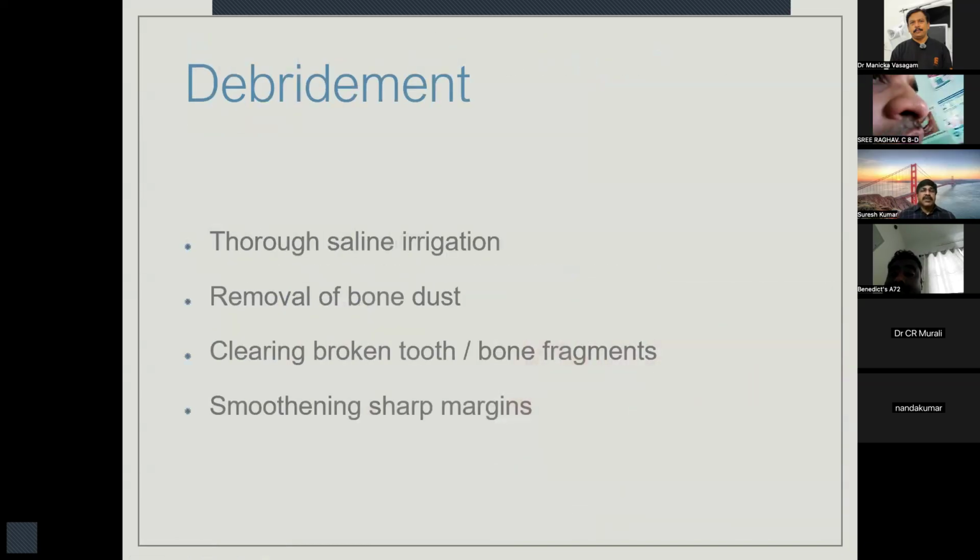Once you have removed the impaction, you should never forget to do a thorough irrigation with saline. When you cut the bone, you will be continuously irrigating and everything will keep coming out in the saline and in the suction tube. But there will be some bone dust that will enter under the periosteum and collect deep down.